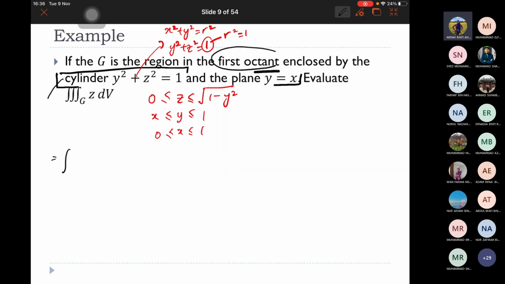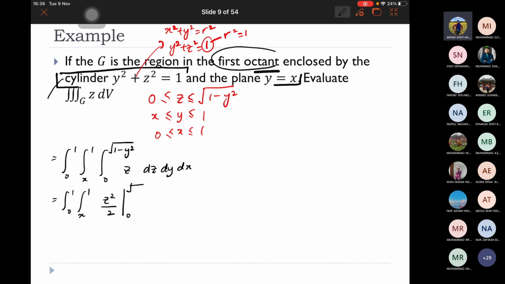integration over the bounded region, 0 sampai 1, x sampai 1, 0 sampai punca kuasa 2 bagi 1 tolak y squared, z dz dy dx. So integrate 0 sampai 1, x sampai 1, z kuasa 2 per 2, 0 sampai punca kuasa 2 bagi 1 tolak y squared, dy dx.